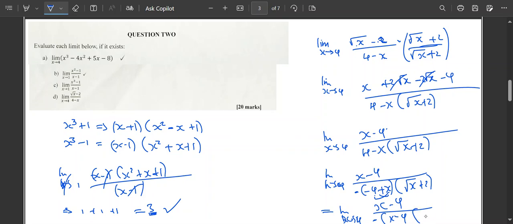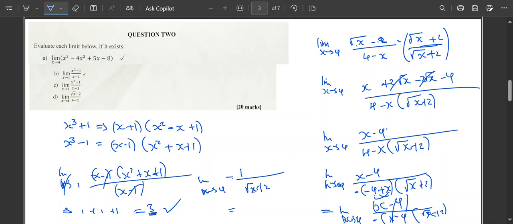Then I have root x plus 2. So you can see that this and this are going, and we'll just remain with a negative. Before we substitute, on top there I'll remain with 1, then the negative is here, then I'll remain with root x plus 2. If we now substitute, at this point we'll remove the word lim.